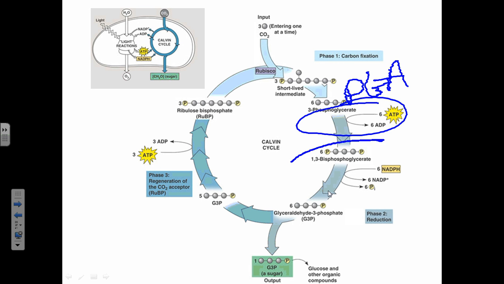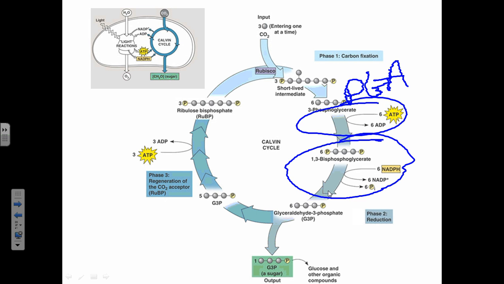And then down here, what's one word we could use to describe what's happening to the sugar? It's getting reduced because the NADPH is getting oxidized. NADPH is oxidized, the sugar is getting reduced. Both of these circled processes are putting energy into the sugar, energy that came from part 1 of photosynthesis.